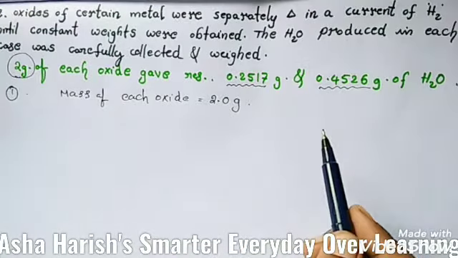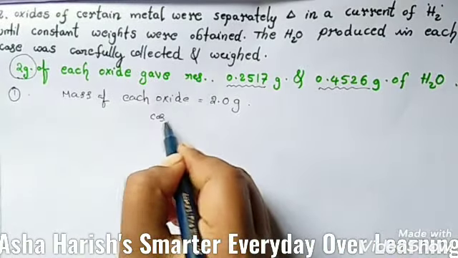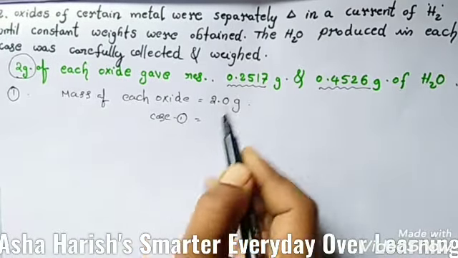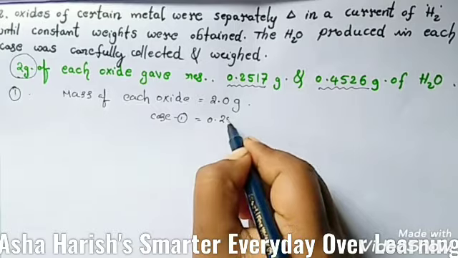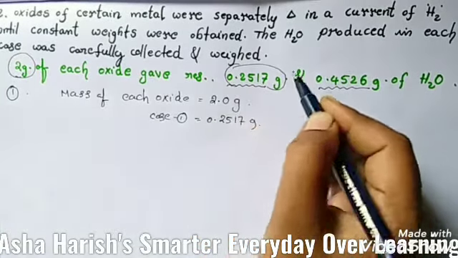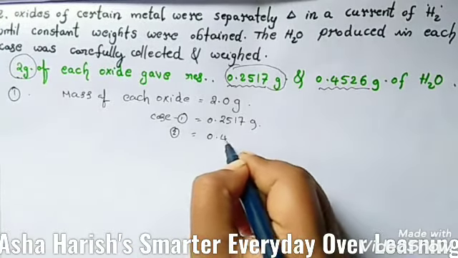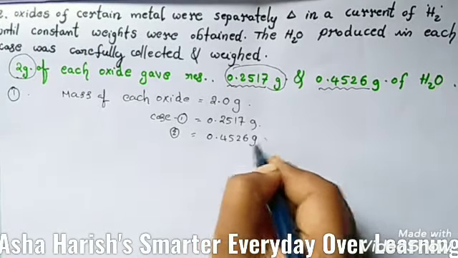The mass of water produced in case 1 is 0.2517 grams. Here is that. And the mass of water produced in case 2 should be 0.4526 grams.